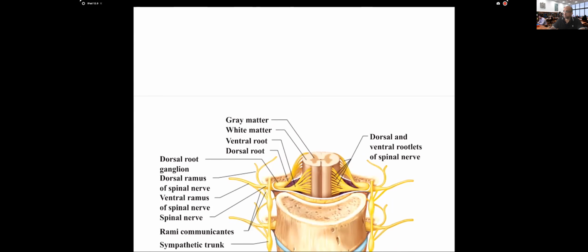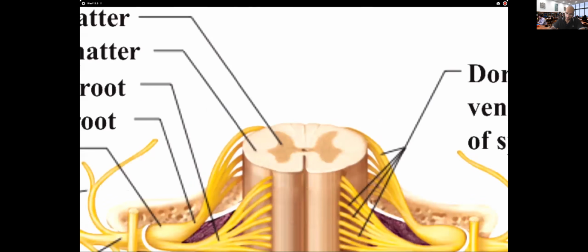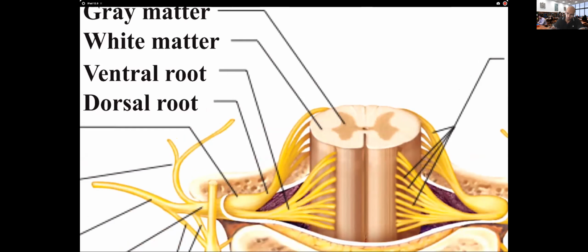If you remember, the spinal cord has this H-shaped gray matter. This H-shaped gray matter had a dorsal horn and a ventral horn. And in the thoracic region, we've got the lateral horn.